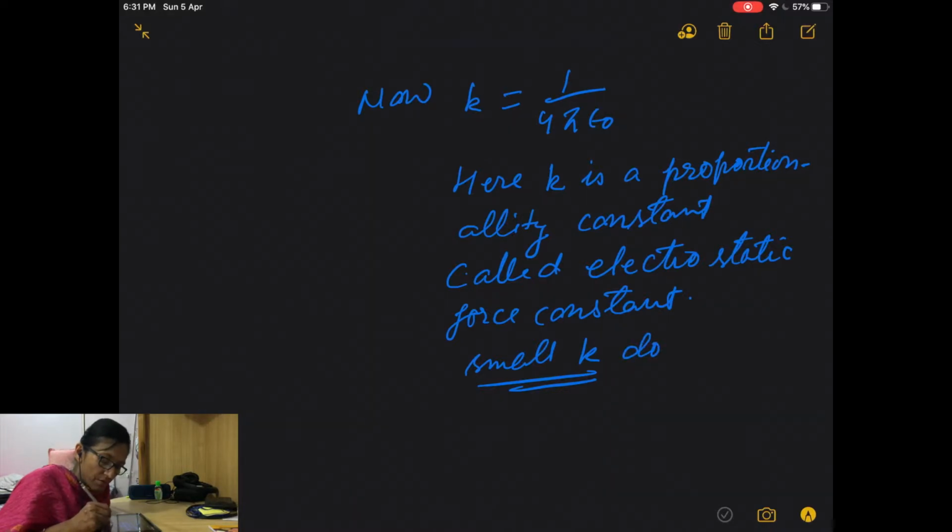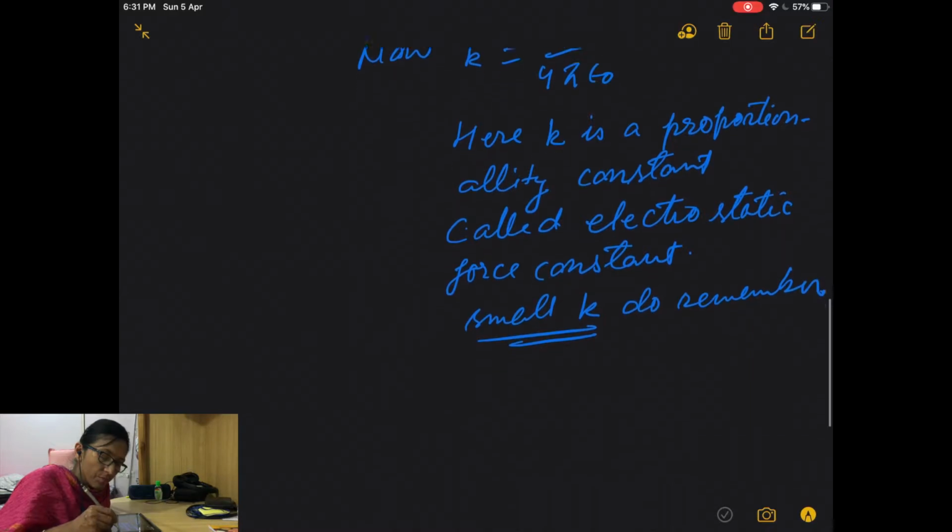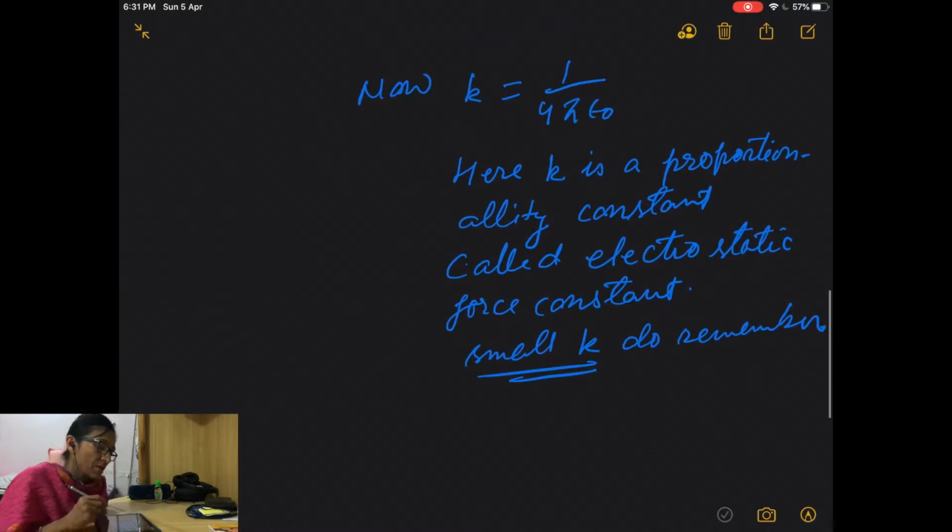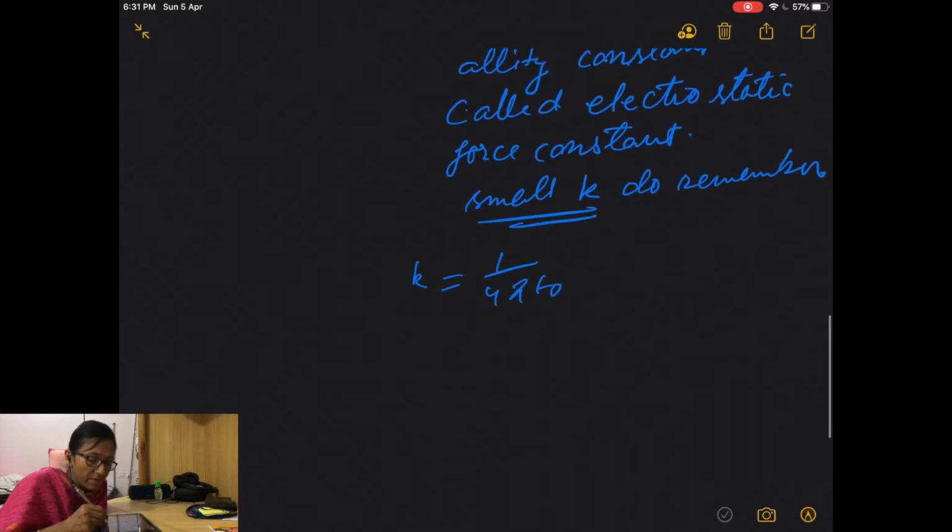Do remember, it is equal to 1 by 4 pi epsilon naught.